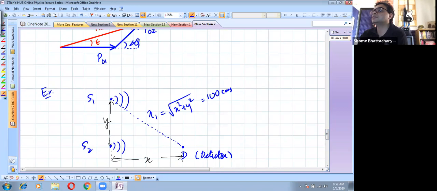And this distance here, which is the distance traveled by sound from the source S2, is equal to x, or that is 80 centimeters.